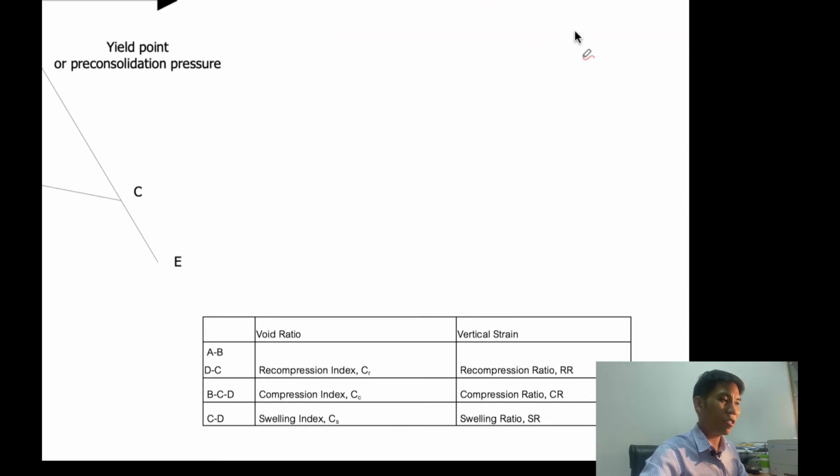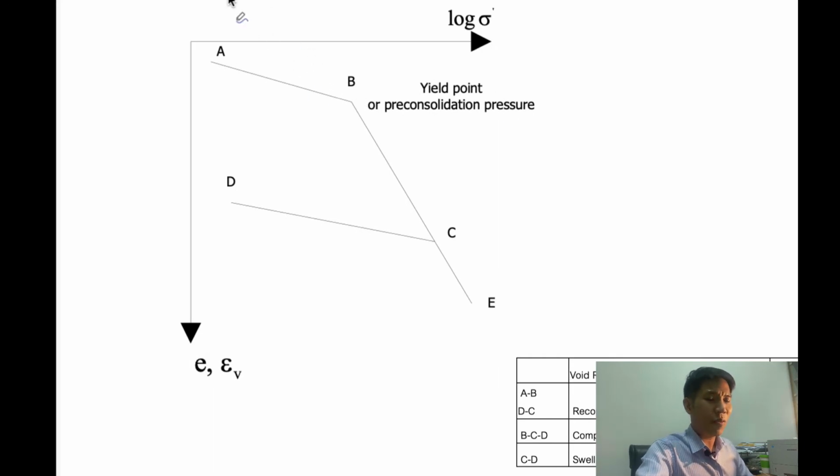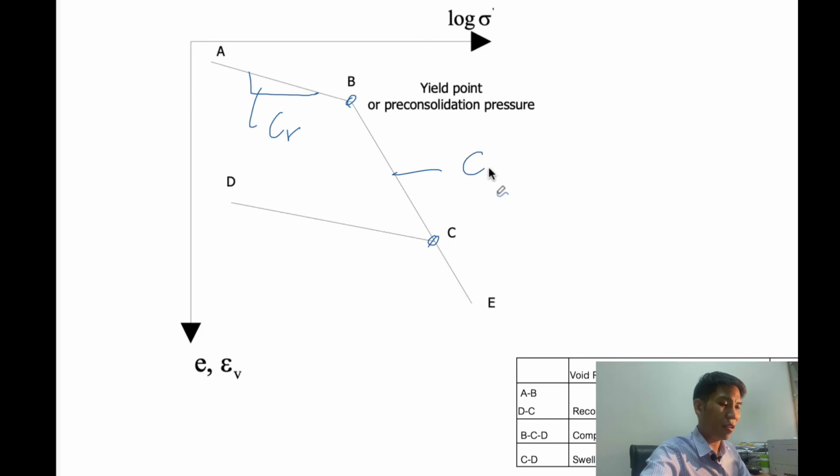This curve, actually, we can interpret from this curve. We have the slope from this to that. This one is the so-called CR, recompression index. And from this to that, this one is called CC, the so-called compression index.